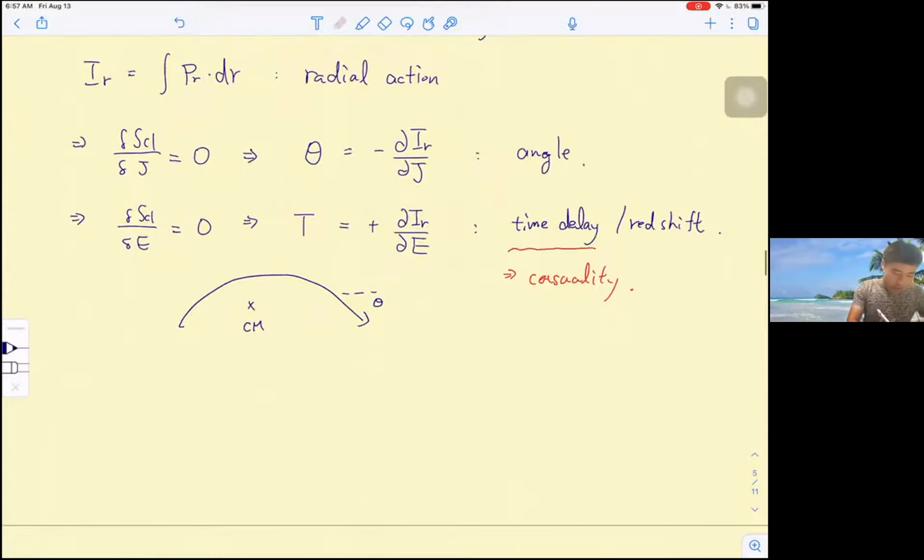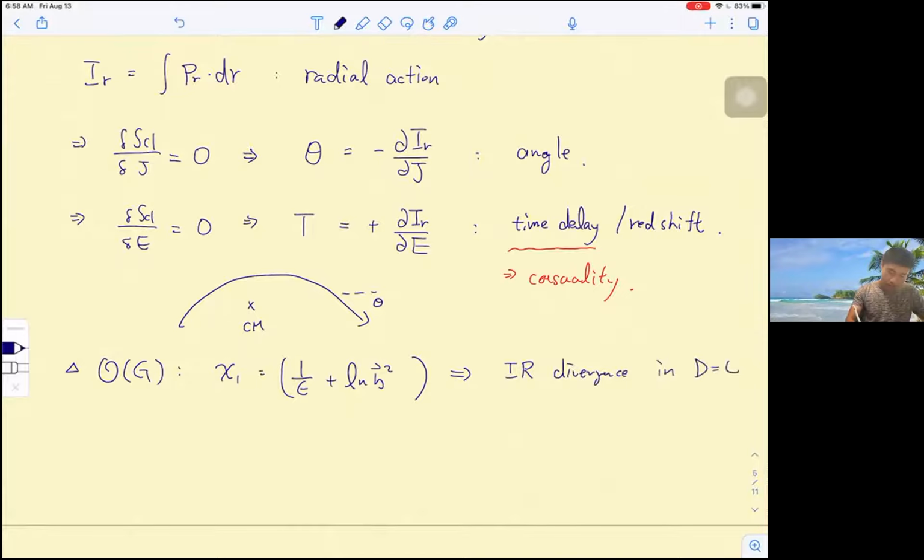And so, for example, at linear order in G, we see that this eikonal phase is given by this behavior. So now we can see that this leading divergence 1 over epsilon actually corresponds to an IR divergence in the time delay. And this 1 over epsilon corresponds to the IR divergence in 4 dimensions.